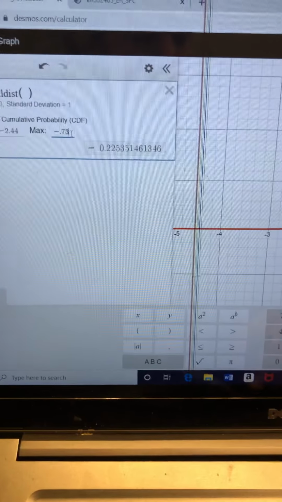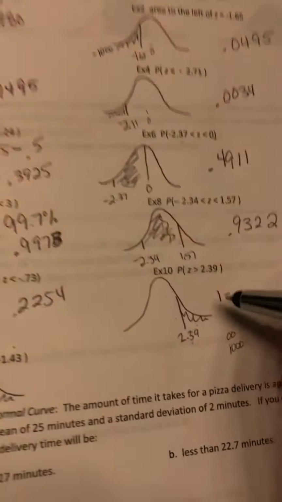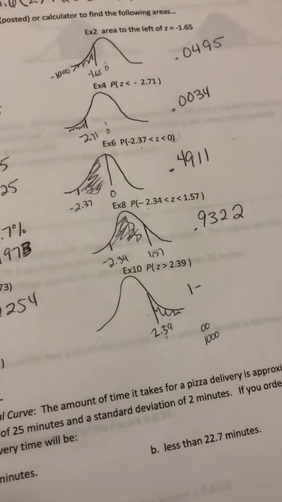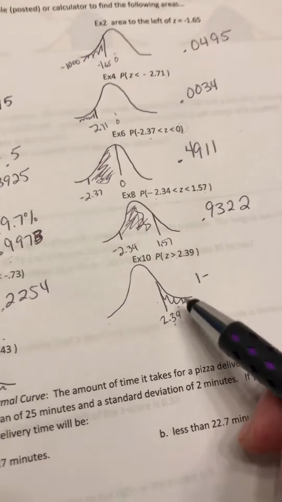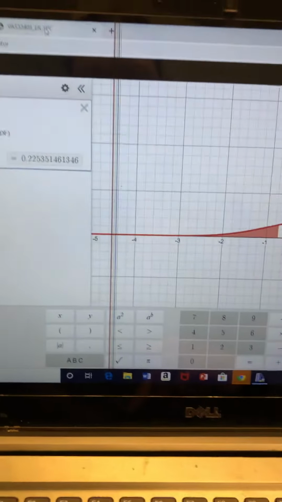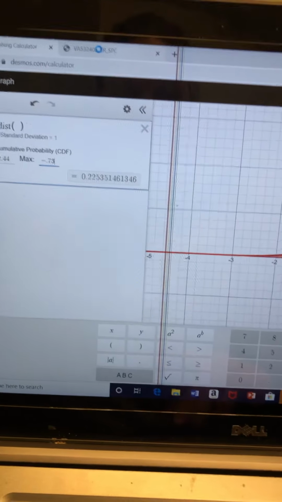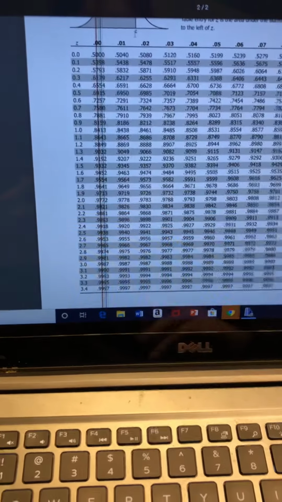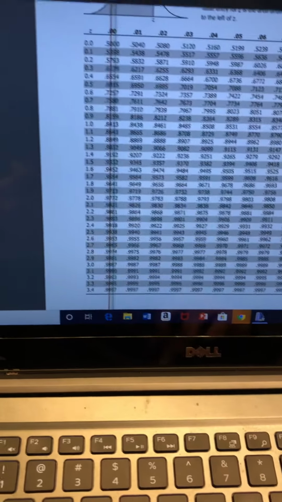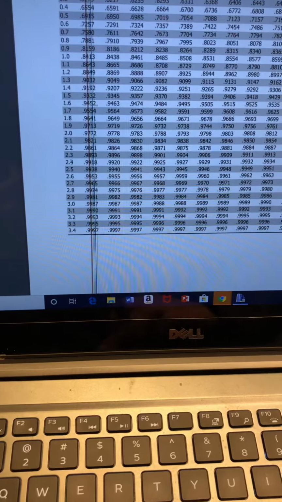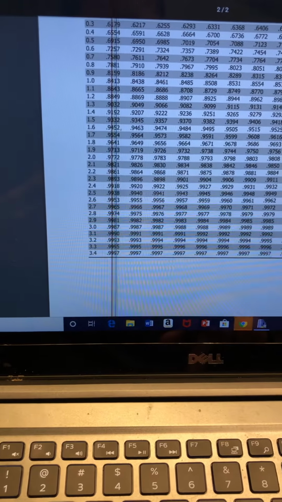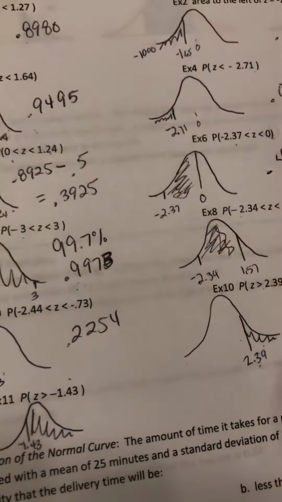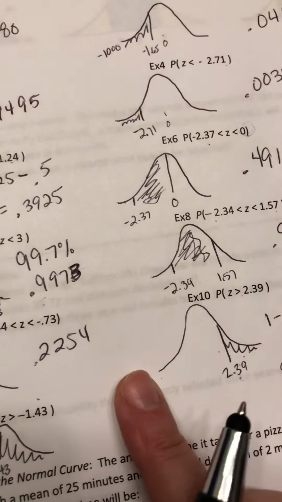And then what we're going to do for the last ones: if you want to use the chart for greater than, you have to take it away from 1. Let me do that first since we already talked about that. If we do the chart, you have 2.39, so over to 2.39, which is all the way over. That's 0.9916, but remember that is to the left of 2.39.